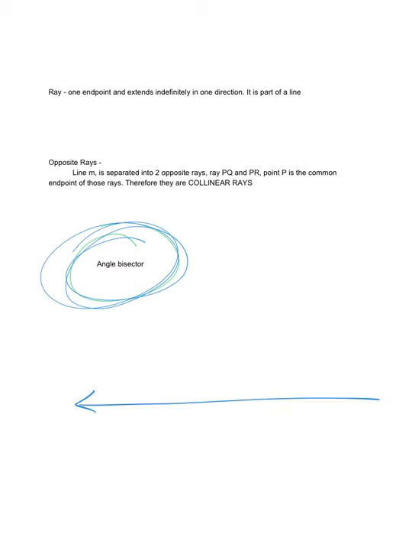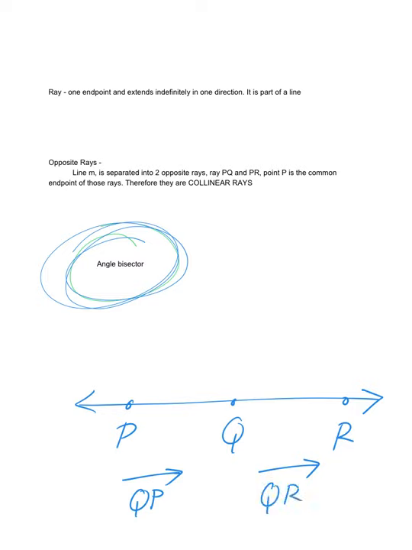So you have a line, you have P, you have Q, you have R. This picture down here is opposite rays, because you have ray QP and you have ray QR. Q is the common endpoint.